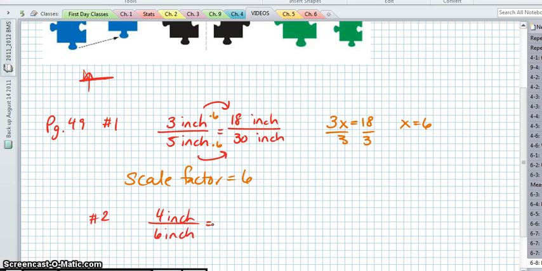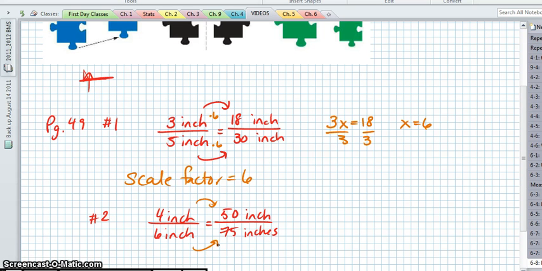Now again, of course, we want everything to be proportional. That's why I'm setting up these proportions, because otherwise the picture would look really distorted. So here, 50 inches to 75 inches. Okay, so what's the scale factor of the dilation? Again, we're getting larger, so our scale factor should be bigger than 1. We can look at this and go, okay, well, how do we get from 4 to 50, or how do we get from 6 to 75?